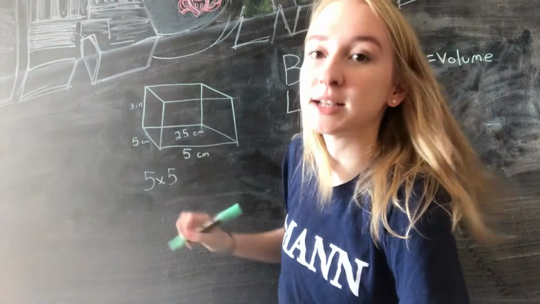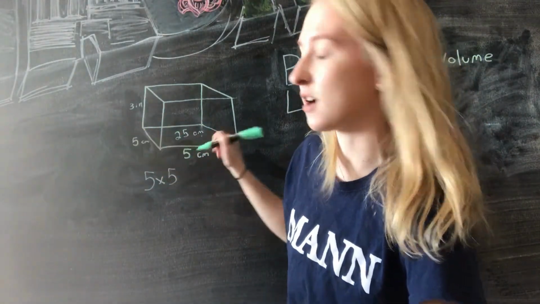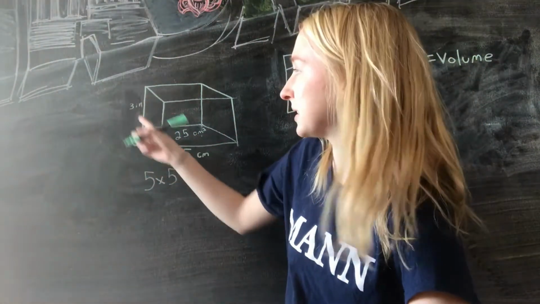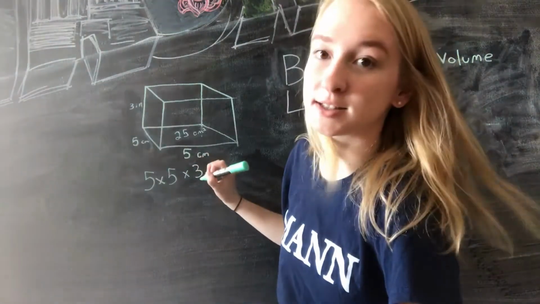And that becomes centimeters squared, because this is the area. We're finding the area of the base. And then we're going to multiply this by 3, because that's our height.